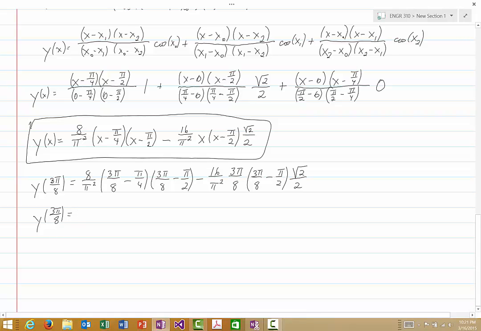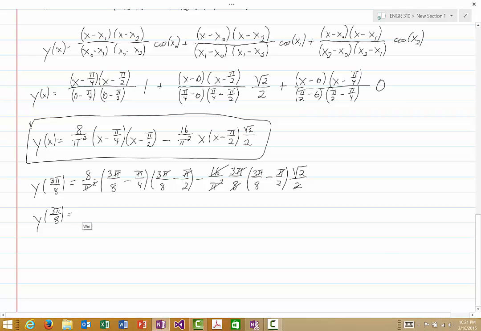Okay, the pi's here and here will cancel with this pi squared. And likewise, the pi's over here will cancel with that pi squared. And in this second term, we also see that we have 2 times 8, so the 2 times 8 in the bottom will cancel with the 16. And let's see then what's left over.